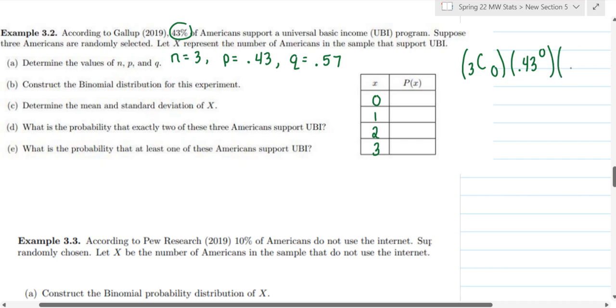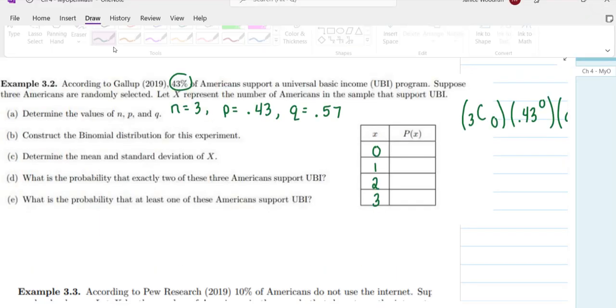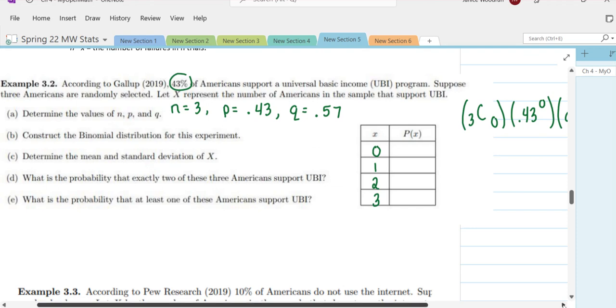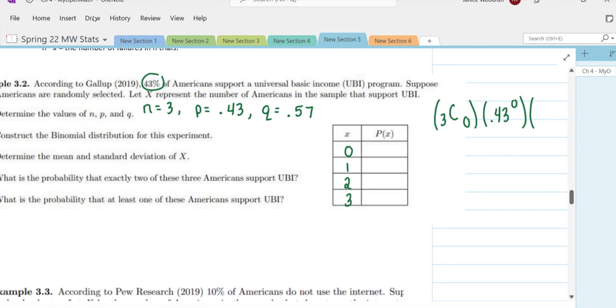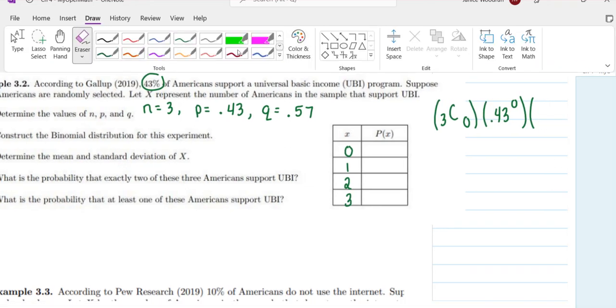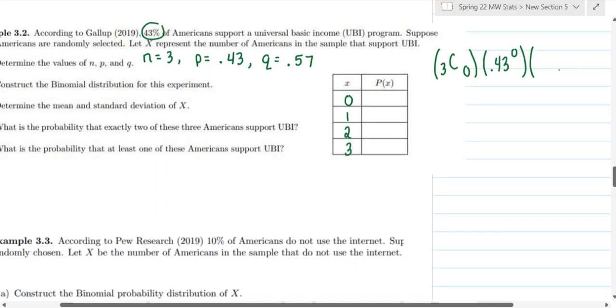And then q to the n minus x, so, oh, I have to actually write what q is, sorry, 0.57. So 0.57 to the 3 minus 0.